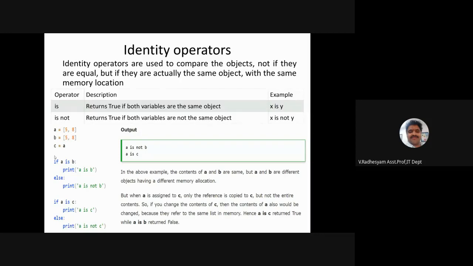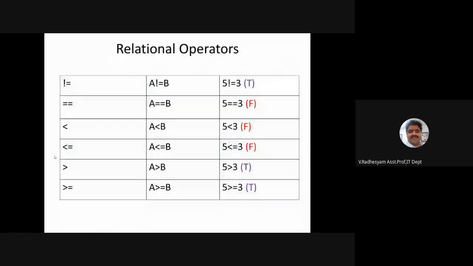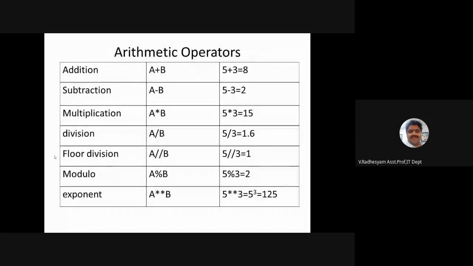Friends, we have some more operators. We will look at them in another class, but as of now come to arithmetic operators. Here, all the operators are present in C programming except floor division and exponents. Division also works differently from the C program.